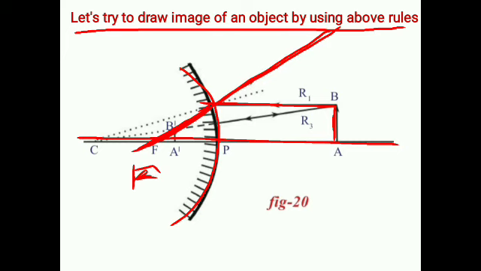And R3, a ray which passes along the normal or towards center of curvature, will retrace its path. When you extend this line, these two reflected rays meet at this point.